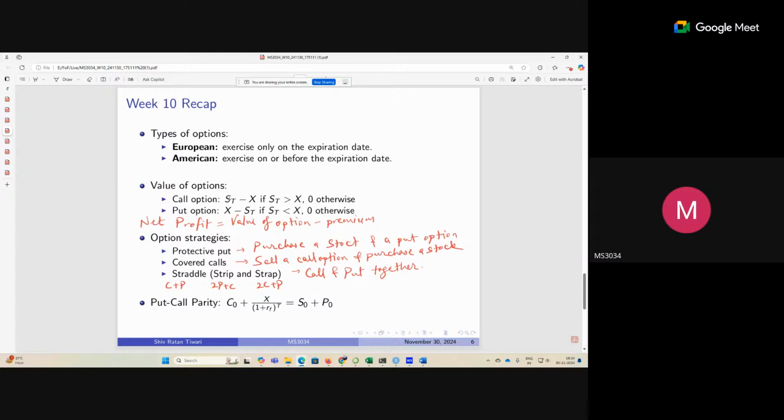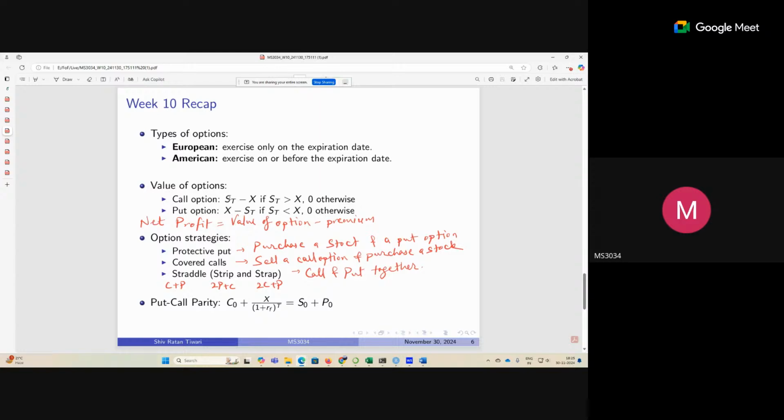What it does is put a bar on the maximum potential loss you can incur, but your gains are as high as your stock price rises. A similar strategy is the covered call, in which you write a call option and purchase a stock. This also puts a bar on your potential loss.